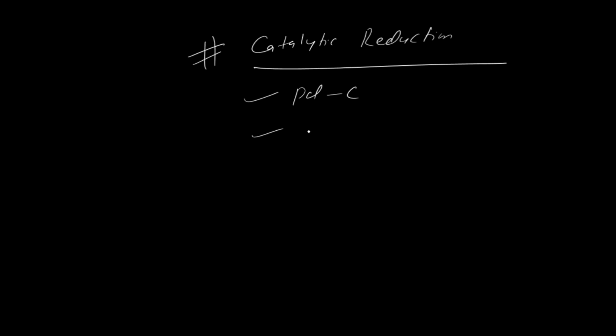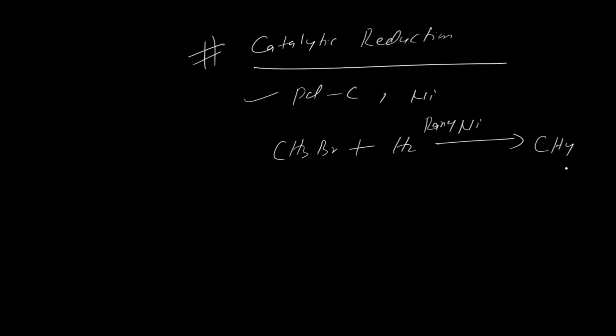Basically nickel, Raney nickel is a very reactive nickel, so it is also useful over there. I can give you an example directly. Suppose you take methyl bromide, reduced with nickel, platinum or Raney nickel. So it will give you CH4 plus HBr.